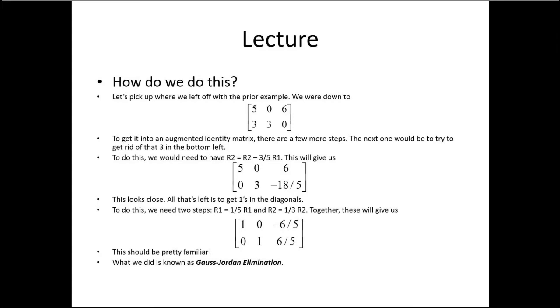Now if we wanted to get it down to the identity matrix, which again is ones across the main diagonal and zeros everywhere else, let's get rid of that 5 and turn it into a 1. A little bit out of order from what I have on the page, but if you'd done that first, you would take 1/5 of the first row, which gives you 1, 0, and 6/5.